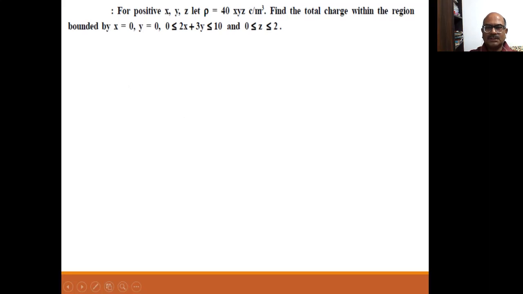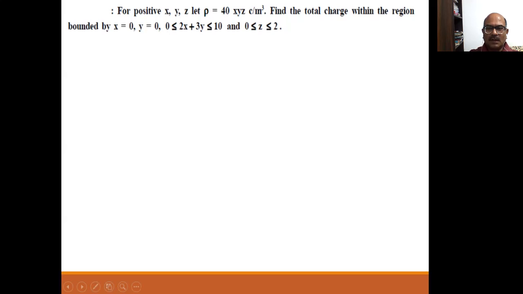We need to find the total charge within that region. So I think you can understand that there is a volume charge density, and if the volume charge density is given, we can find the total charge if we know the volume. But the volume is given in the question with the regions.